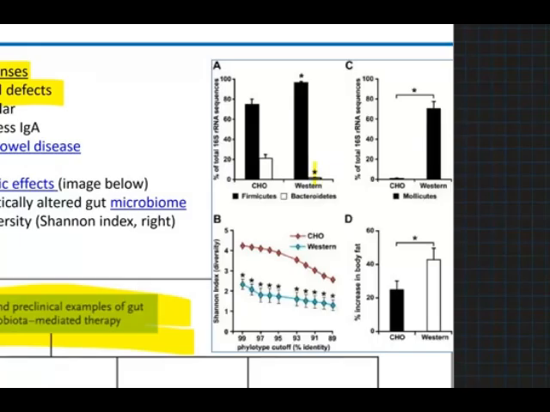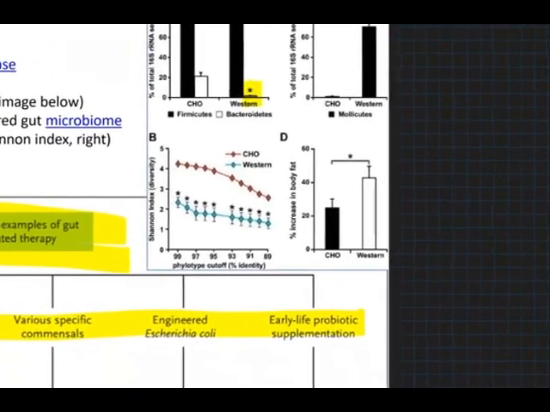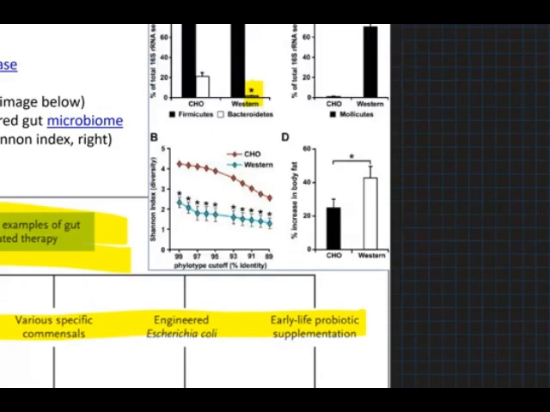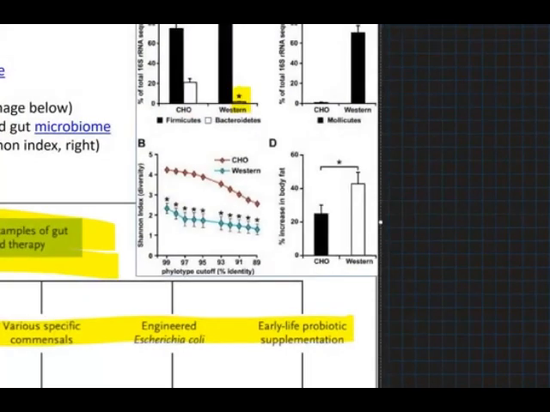So, the group of bacteria called Bacteroidetes, gone. Is it good? Is it bad? We don't know, but there is a massive alteration of these bacterial populations. Okay? That makes sense?